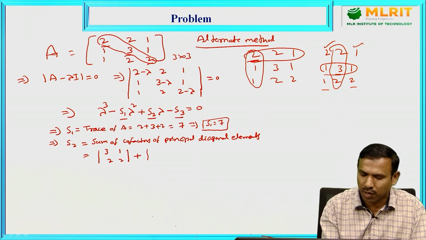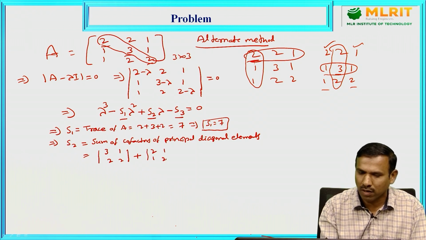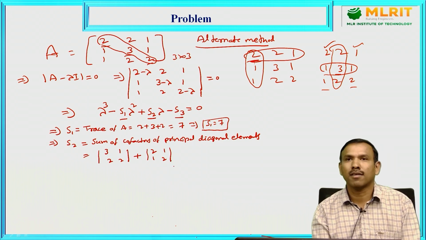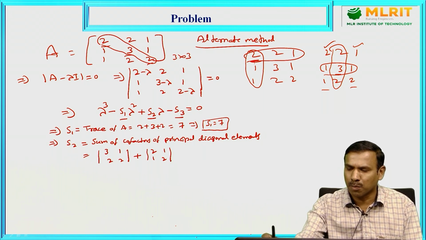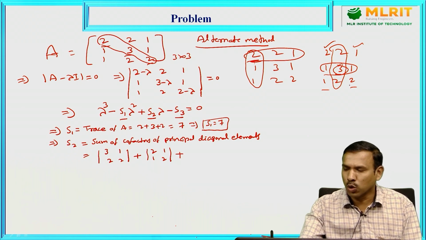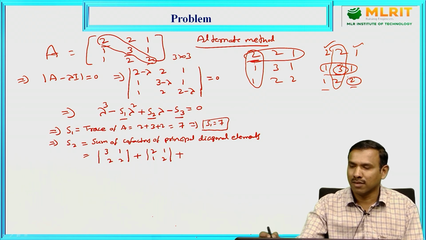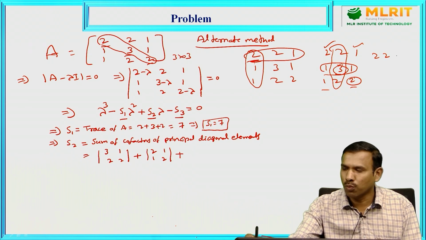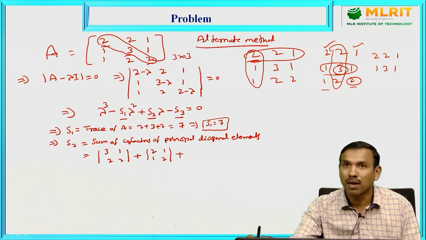That determinant we have to write, that is 2, 1, 1, 2. That is the cofactor of the second principal diagonal element 3. Next, plus the third cofactor of 2, from the matrix 2 2 1, 1 3 1, 1 2 2.